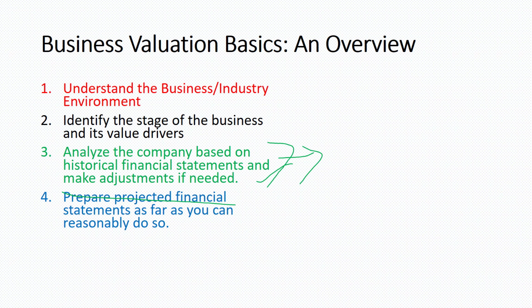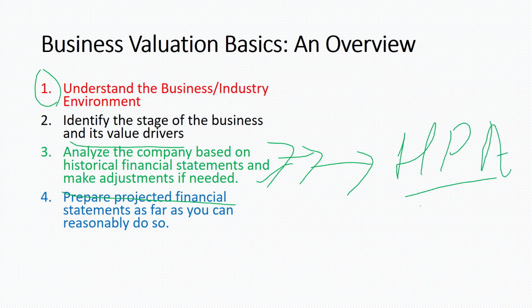And the fourth step in the valuation is, now you know the business environment and the industry, and you know the core value drivers of the business, and you have also done historical performance analysis. Once you have done all this homework and also looked at the annual statement for the strategies they are taking, now you are ready to prepare future financial statements.